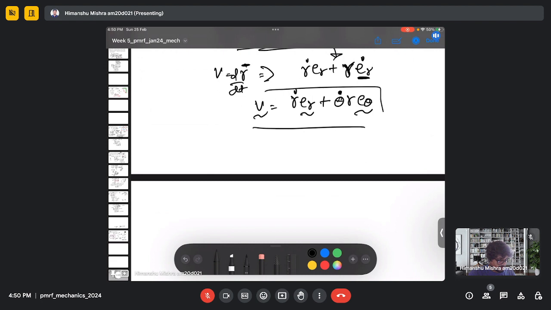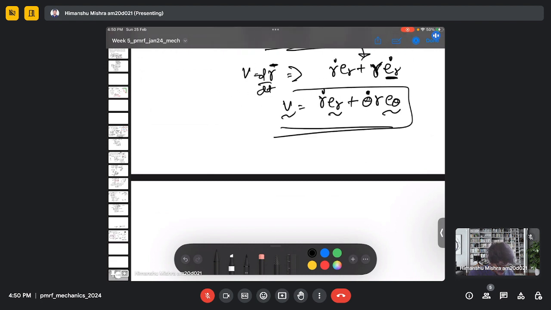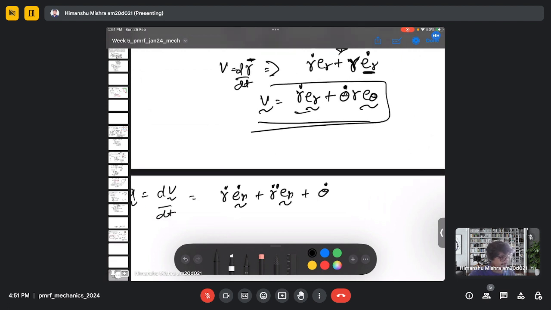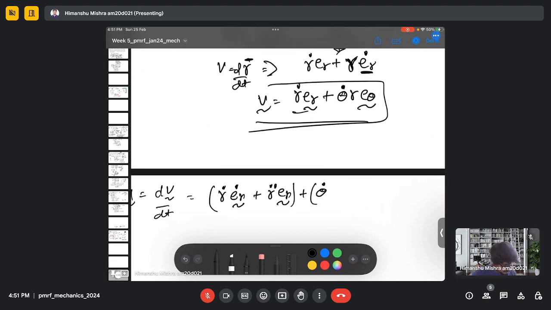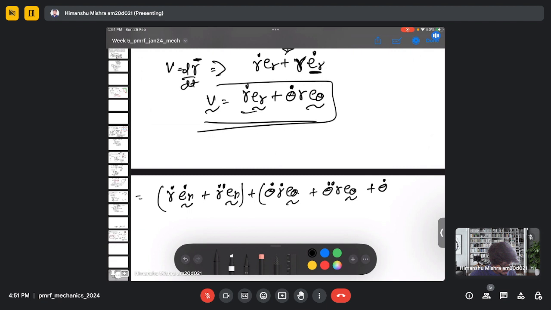And using this same relation, you can get the acceleration vector, which is dv by dt. So you have to use the summation rule. It will be r double dot er plus r dot er dot, plus theta dot r dot e theta, plus theta double dot r e theta, plus theta dot r e theta dot.